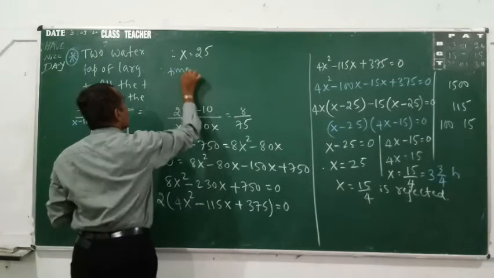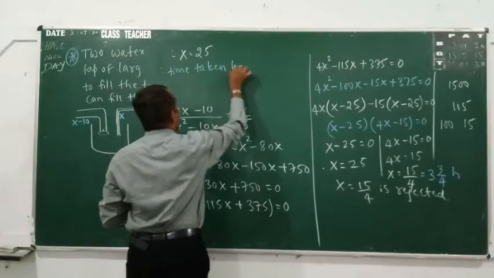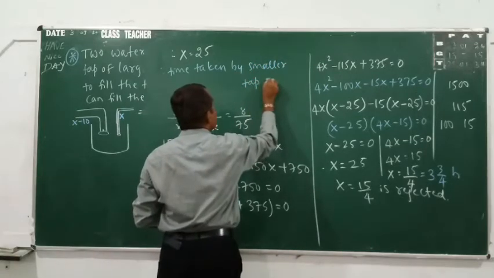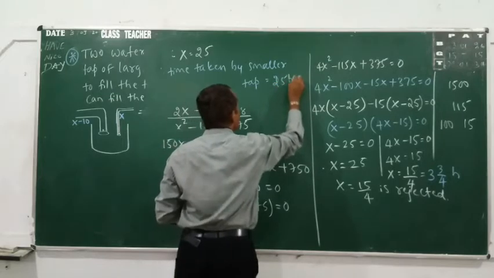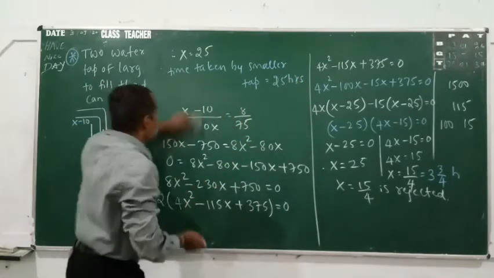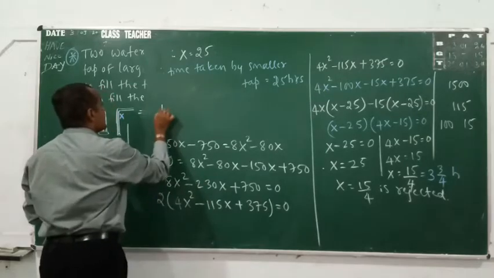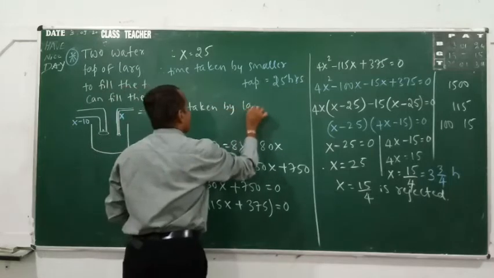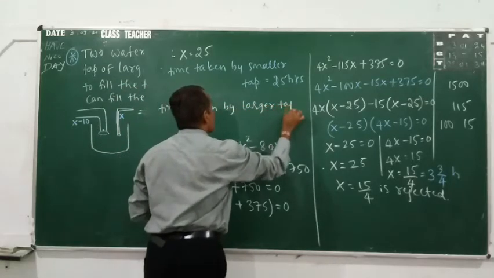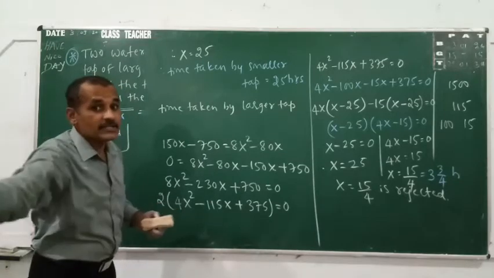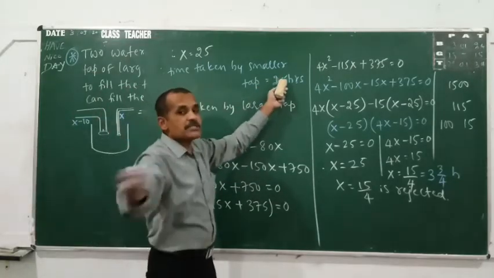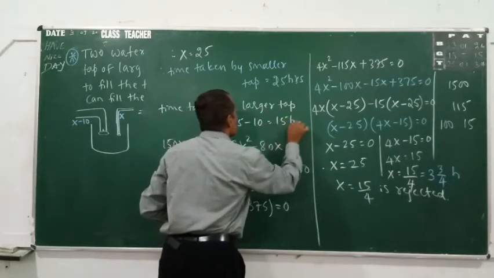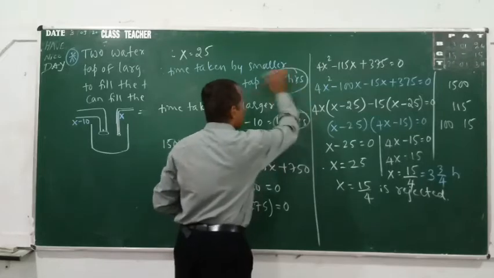Therefore, the time taken by the smaller tap is 25 hours, and the time taken by the larger tap is 10 hours less, x minus 10. It is 25 minus 10, which is 15 hours. This is the end of the problem.